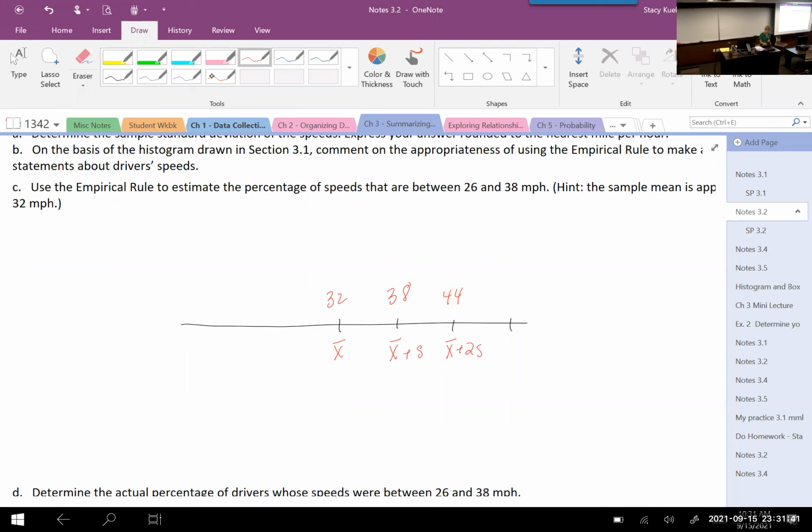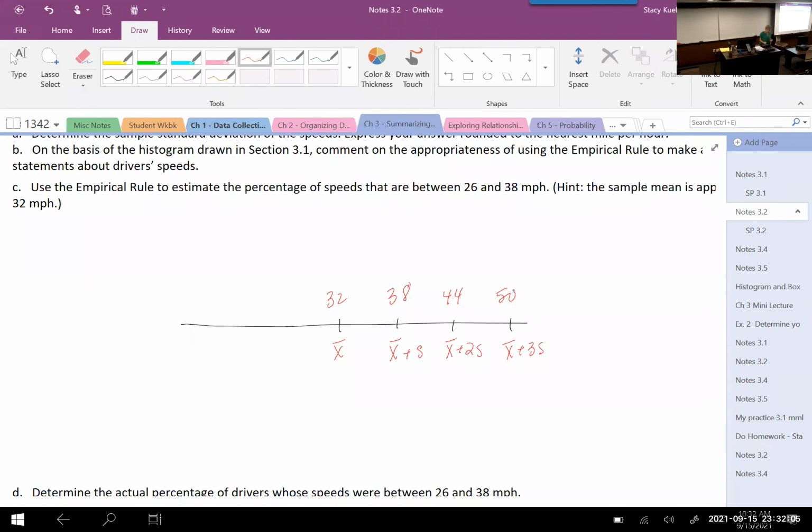And then, just to be clear, this would be x-bar plus 3 standard deviations, or in other words, 50. So just moving to the right, above the center, all I'm doing is identifying where the center is, and adding a standard deviation to it 3 times.